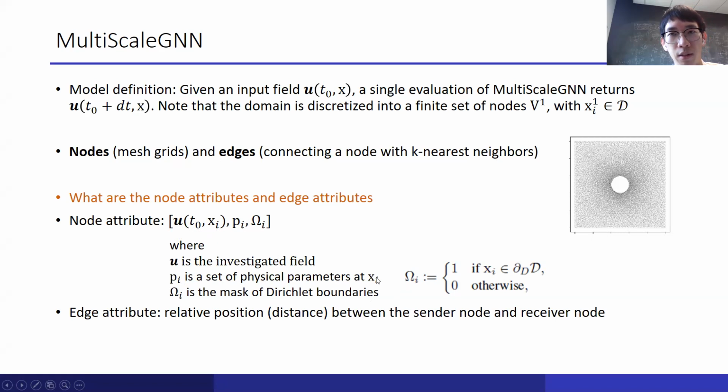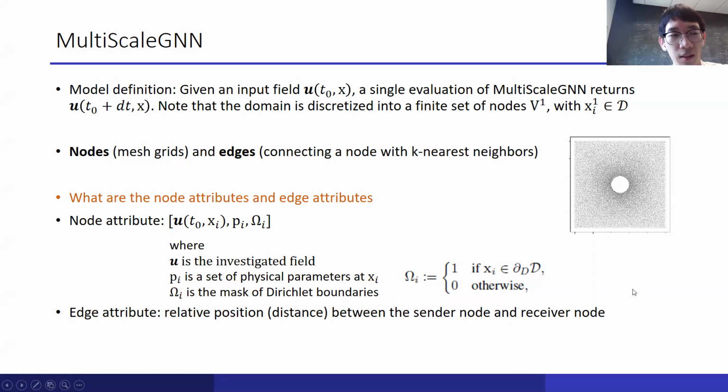If the node is located at the Dirichlet boundary, omega is 1, otherwise it's 0. And the edge attribute denotes the relative position between the sender node and the receiver node. So this is how they represent the physical fields as a graph.